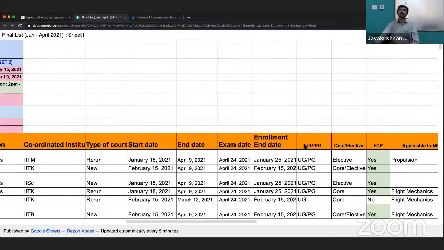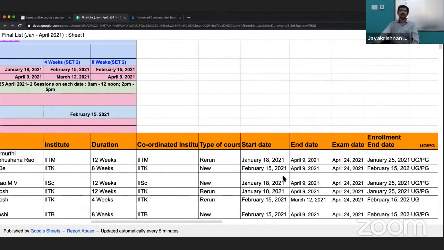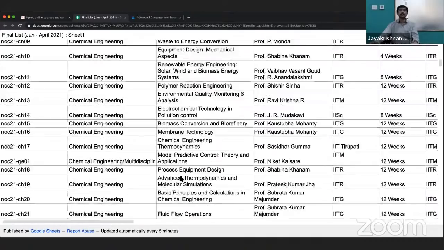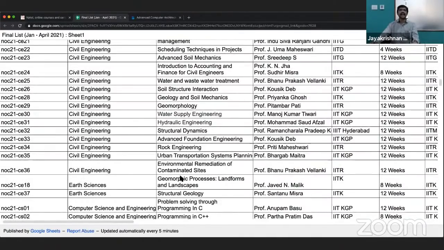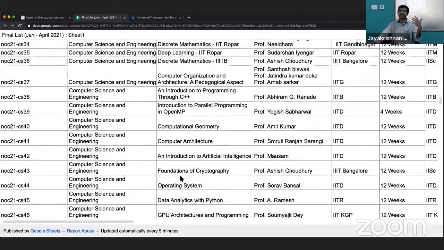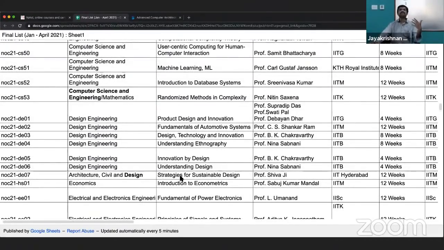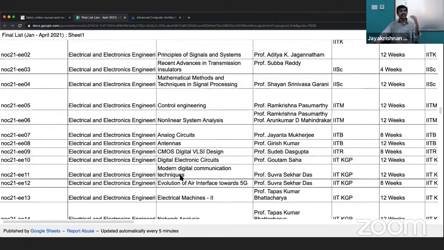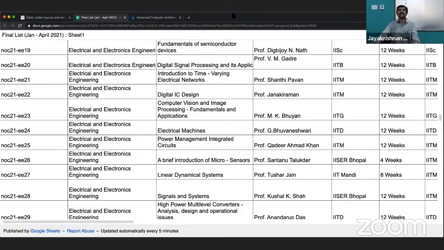Typically a UG level course is good for first and second year students, and typically for first year students I would recommend that you take the more generic courses, the humanities and management courses or the interdisciplinary courses, for you to get an idea of how things work. These are the kind of courses that are available. There are 500 plus courses available with us across multiple disciplines. I hope I have answered that question for the person who asked.